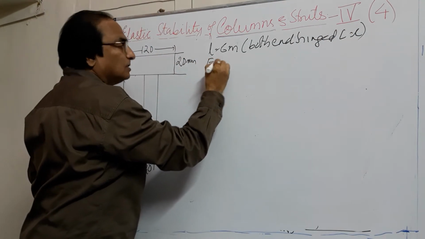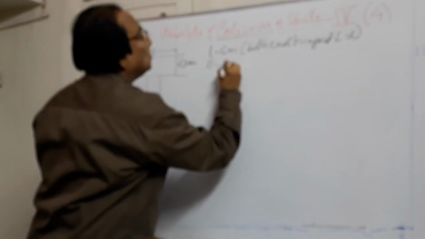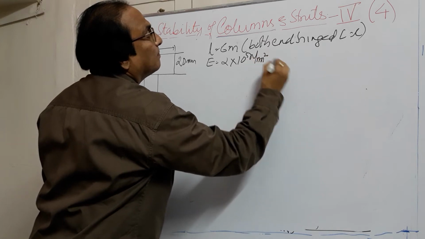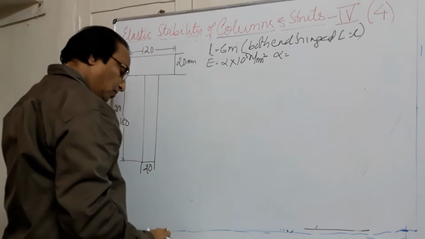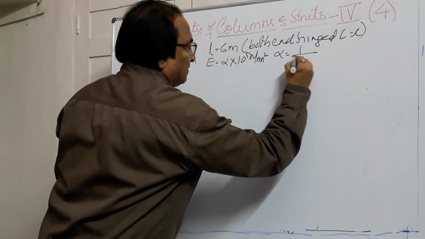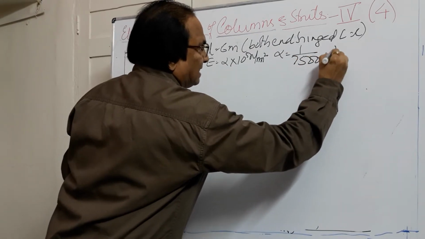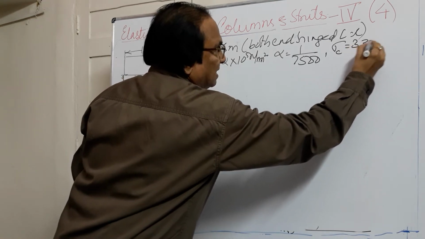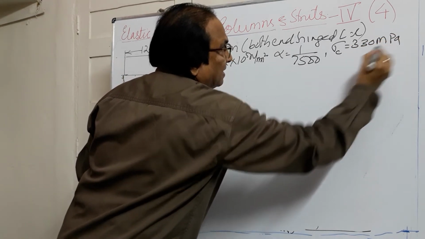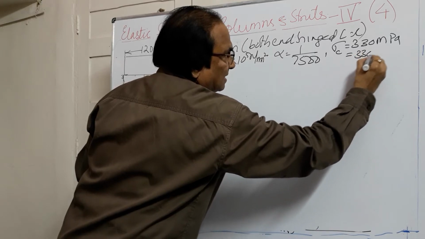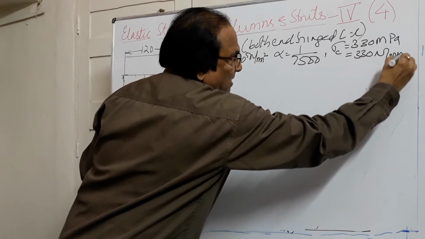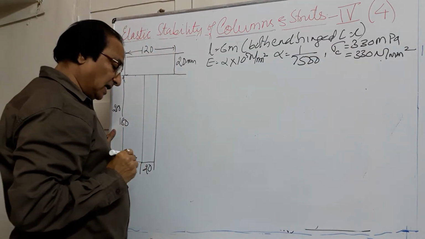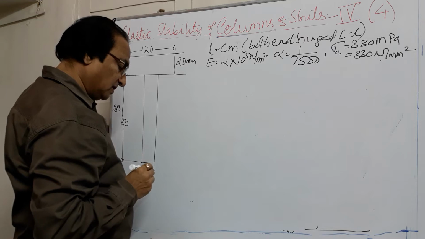Young's modulus is given as 2 into 10 to the power of 5 Newton per mm square. Alpha is given as 1 by 7500 and sigma c, the compressive stress, is given as 330 MPa. This will be nothing but 330 Newton per mm square. MPa is Newton per mm square.